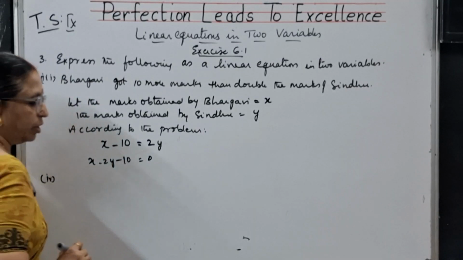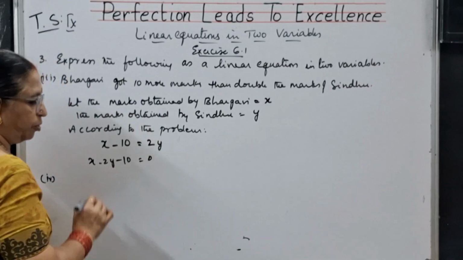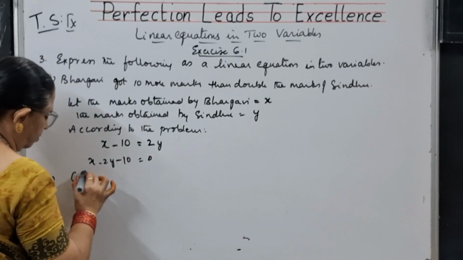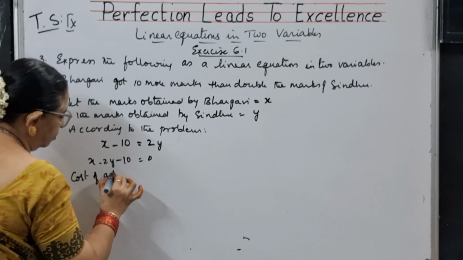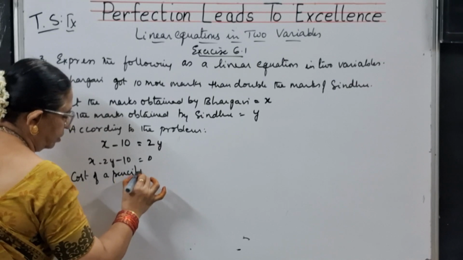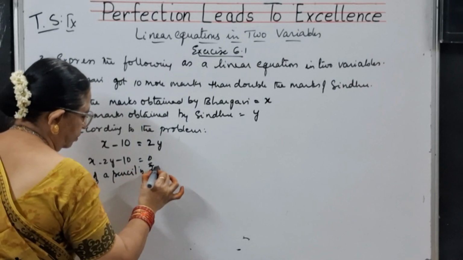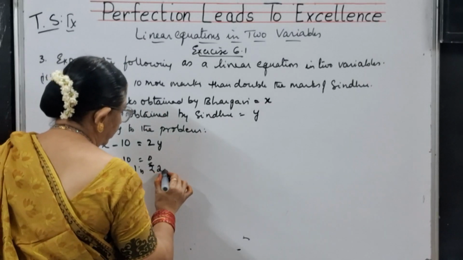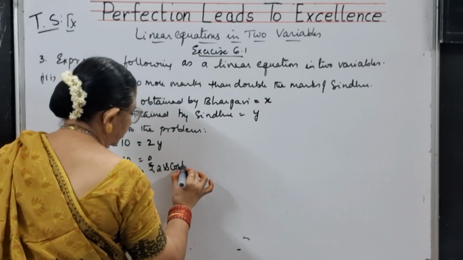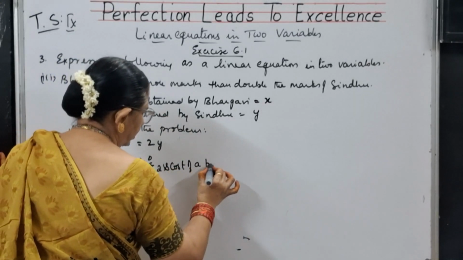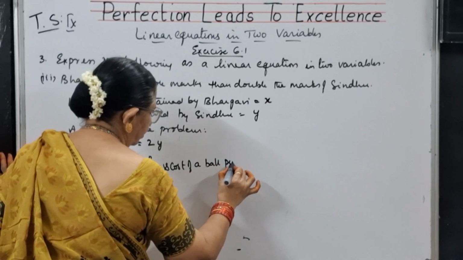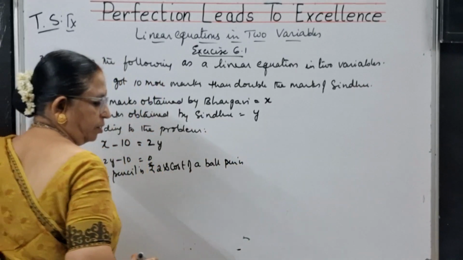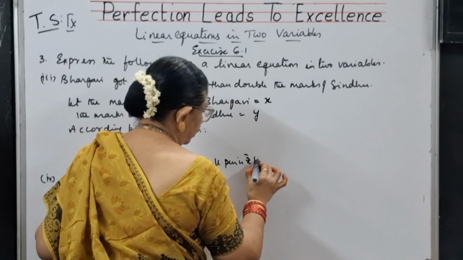And the fourth one: cost of a pencil is rupees 2, cost of a ball pen is rupees 15.